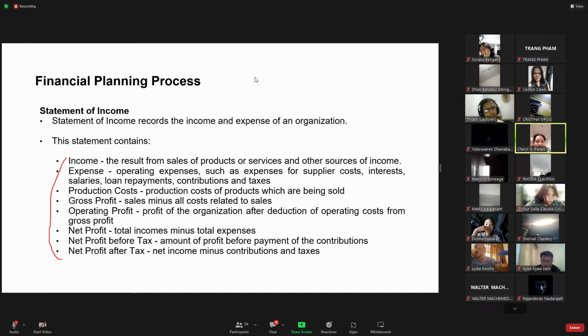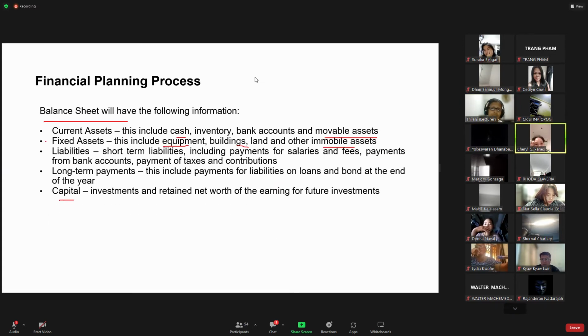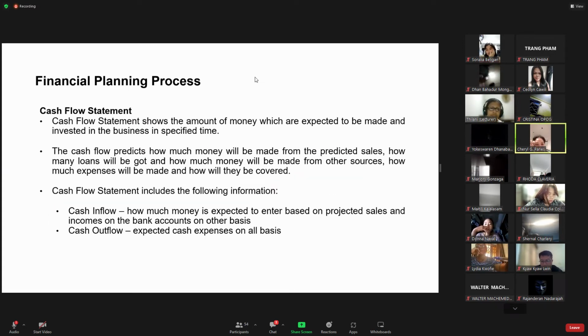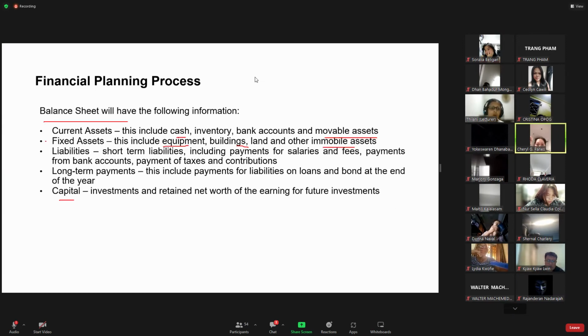And what does a balance sheet have? The balance sheet is the financial, or the cash that we use, for example, for paying the employees.